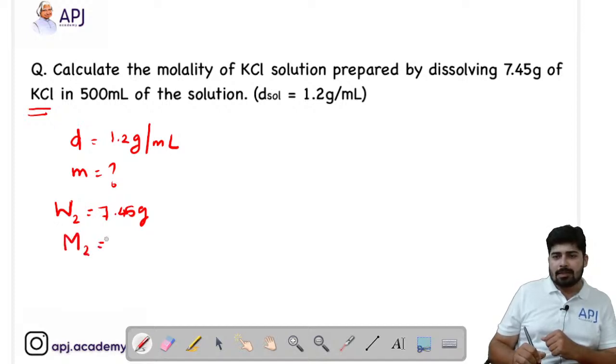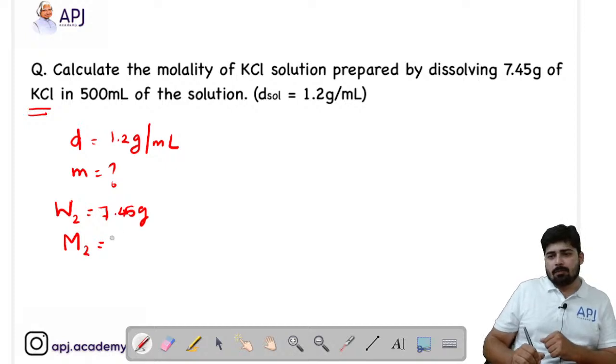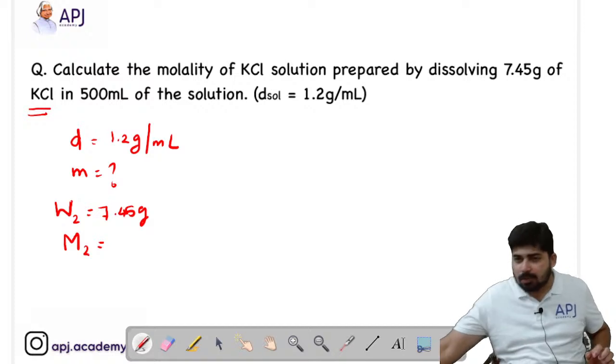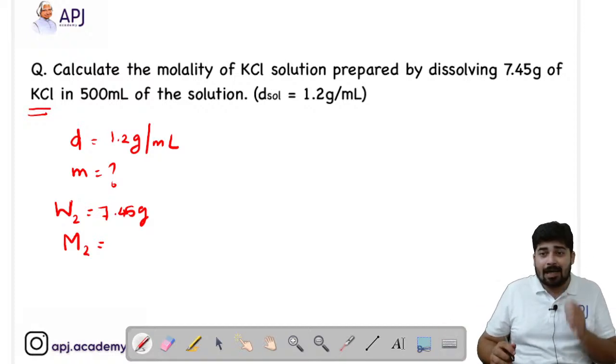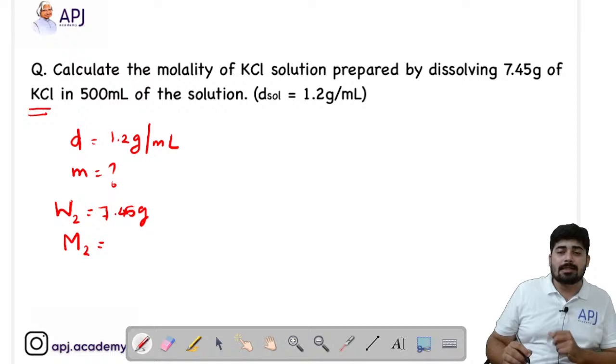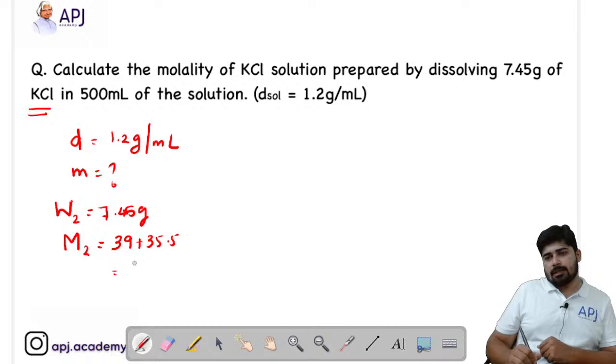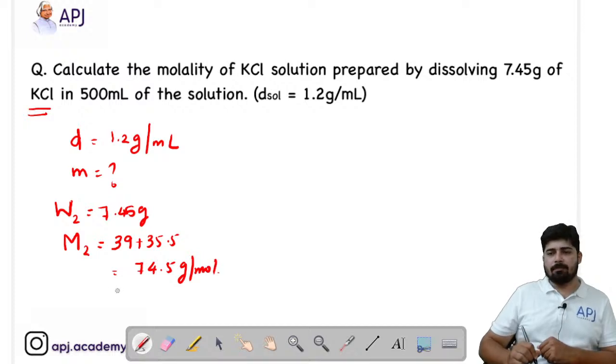The mass of potassium is 39 and mass of Cl is 35.5, right? So 39 plus 35.5 gives 74.5 gram per mole, which is the molar mass of KCl.